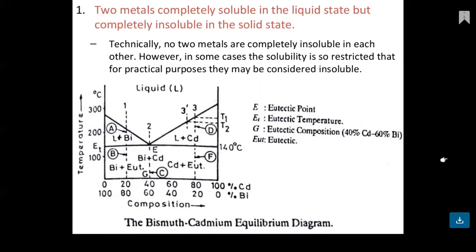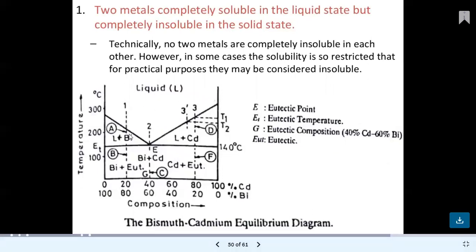This is the completely liquid state. This is the liquid plus solid state. This is the completely solid state. This E point is the eutectic point, then ET is the eutectic temperature, and G is the eutectic composition.